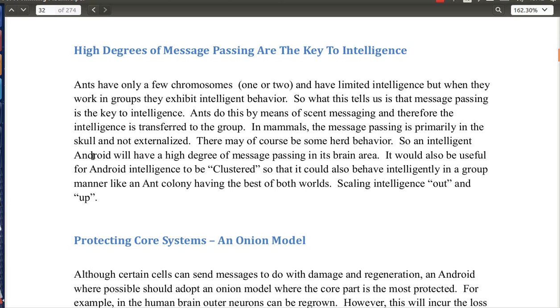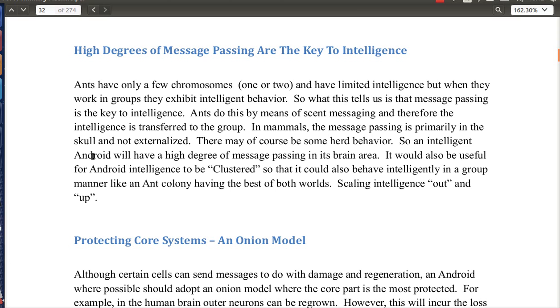And the idea is that a human being who is considered intelligent has basically consolidated that messaging inside their bodies, whereas an ant would have distributed the messaging. And then I talk about how they notify each other of what their intent is, and therefore as a group they exhibit intelligence, but individually they don't.